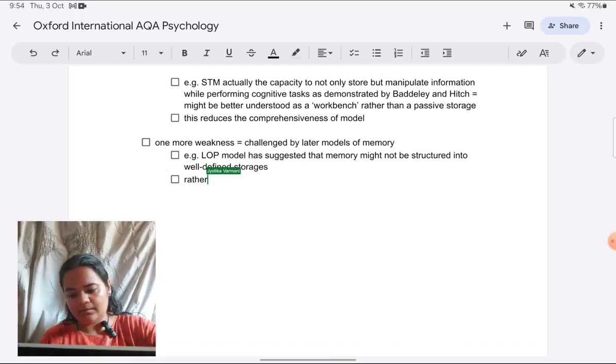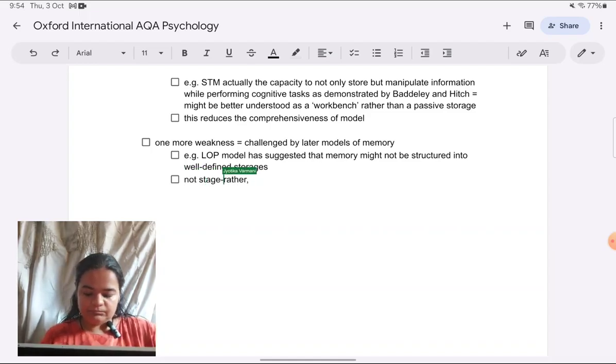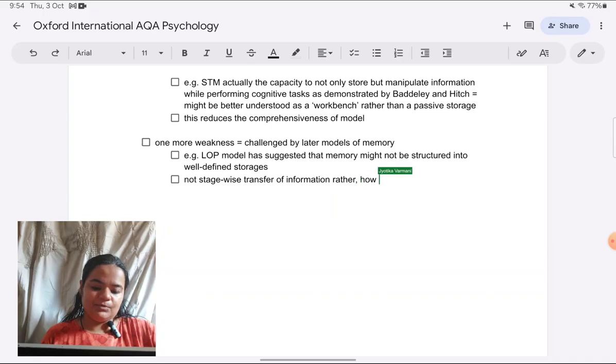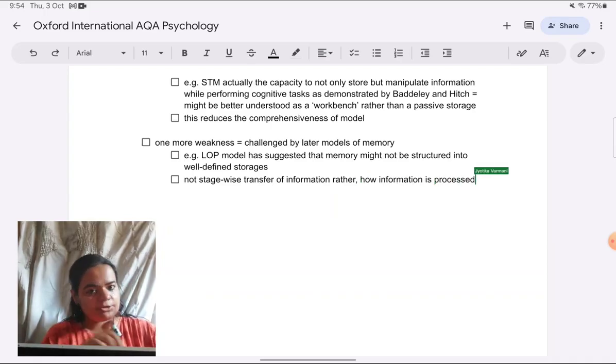Rather, it is not stage-wise transfer of information. Rather, how information is processed that determines whether it will be stored over the long term or not.